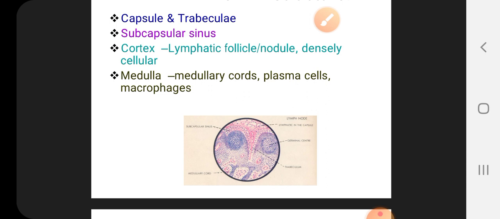The medulla consists of medullary cords, plasma cells and macrophages.